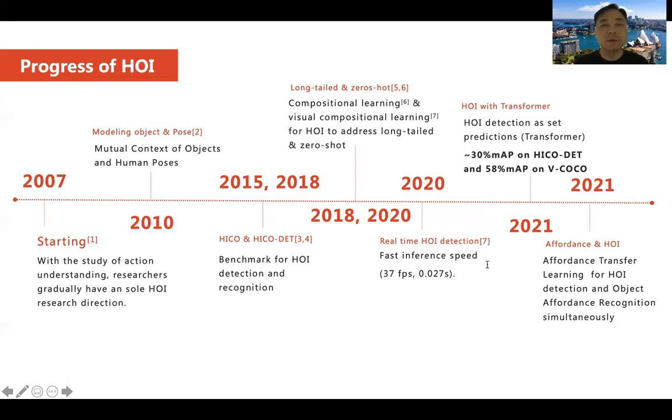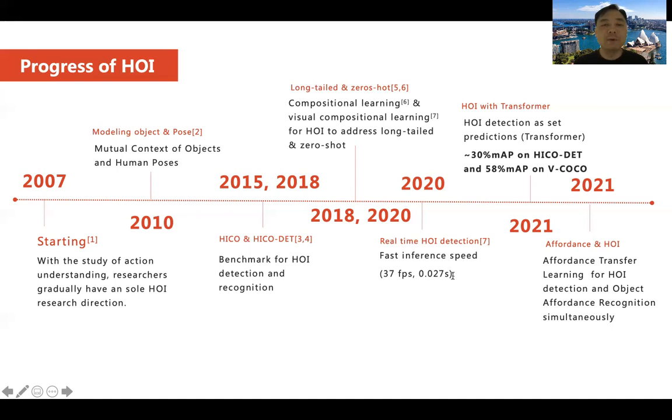HICO-DET offers more than 150,000 annotated instances of HOI pairs, with 600 HOI categories in HICO, including 117 verb categories and 80 object categories. Based on those HOI datasets, many HOI recognition and detection approaches have been proposed and achieved significant progress.